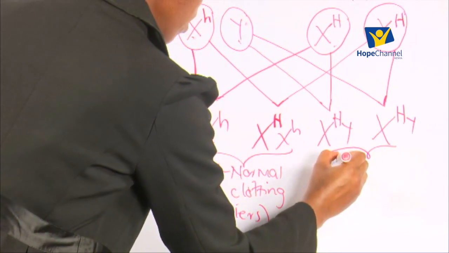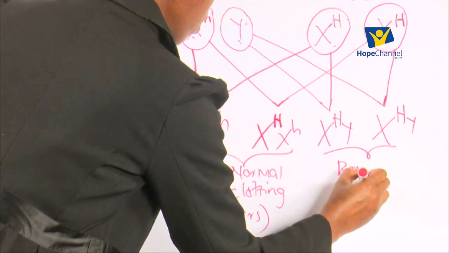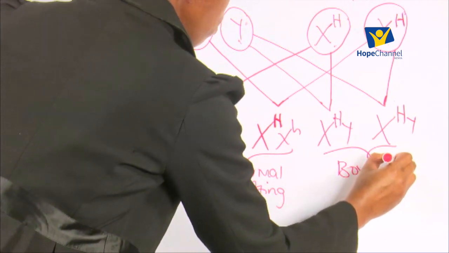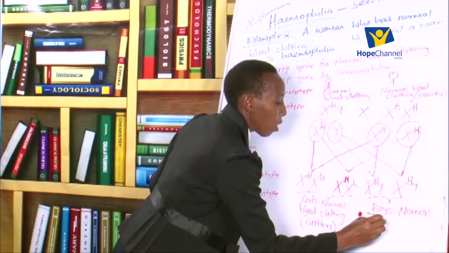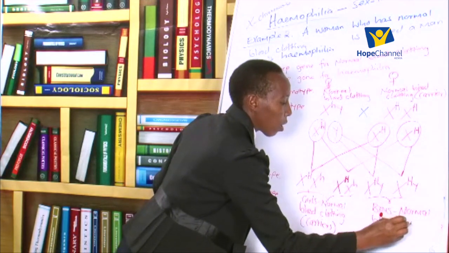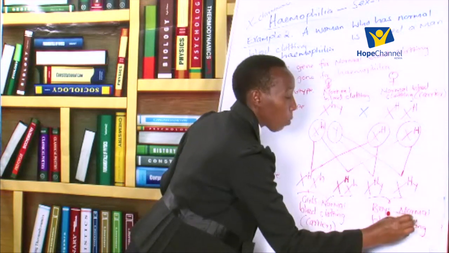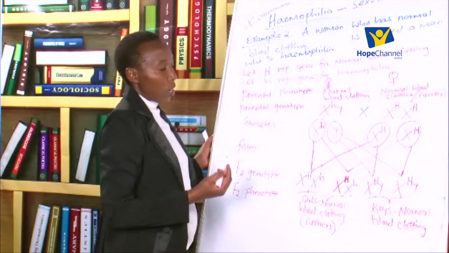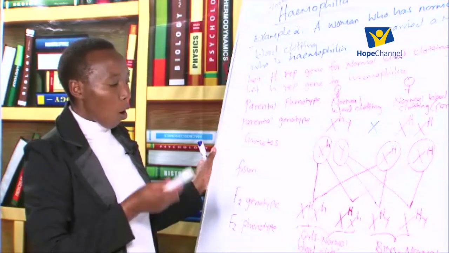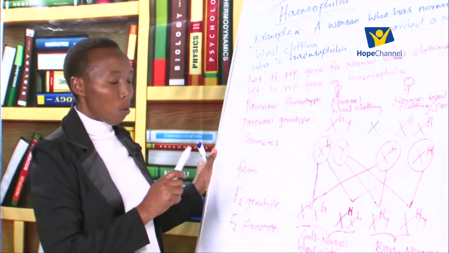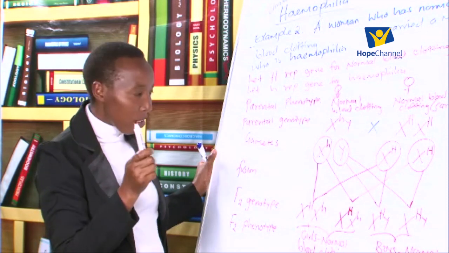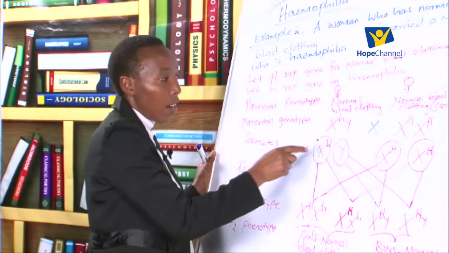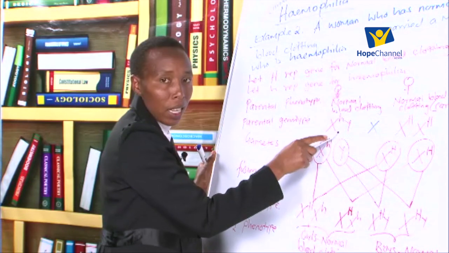These two are boys with normal blood clotting. So what does that mean? It means that in the whole family, all of them will be having a normal blood clotting system, as much as the father was hemophilic.